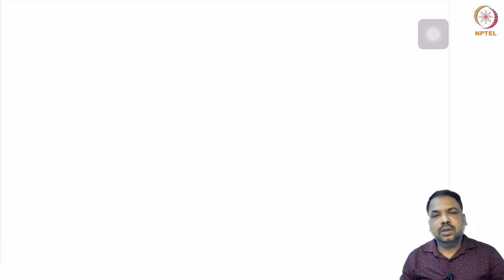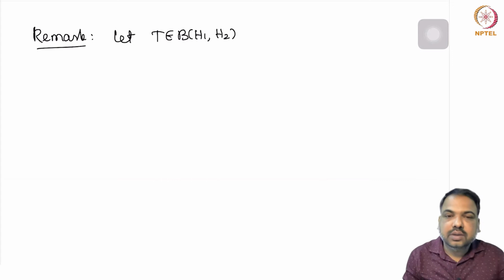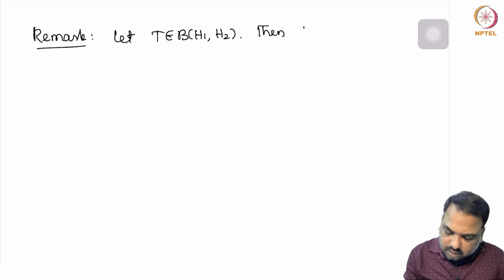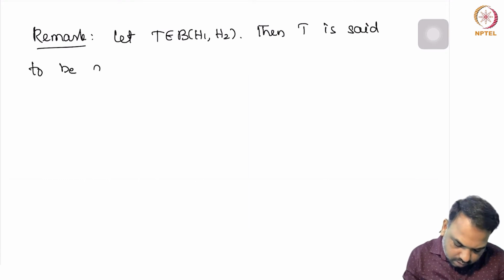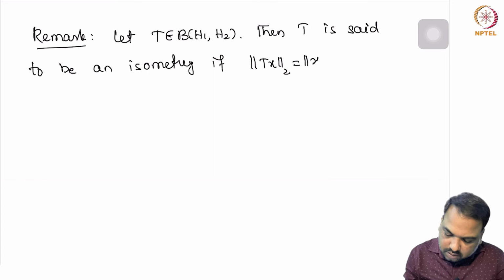We can also discuss isometries defined between two different Hilbert spaces as follows. Let T be a bounded operator from H1 into H2. Then T is said to be an isometry if norm Tx in the second Hilbert space equals norm x for every x in H1.